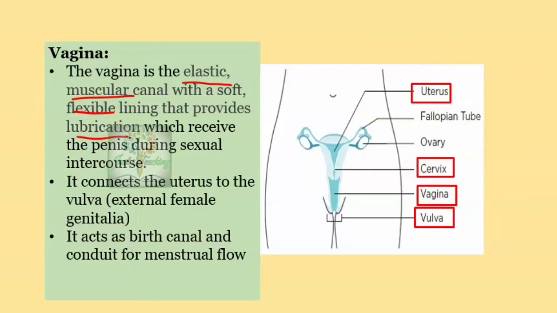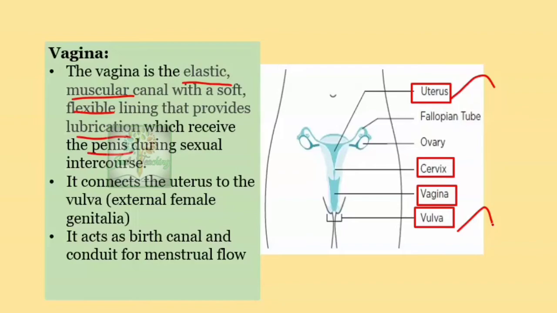This is the part of the female reproductive system which receives the penis during sexual intercourse. This vagina connects the uterus to the vulva. Vulva is nothing but the external female genitalia. So the vagina connects the uterus and the external portion of the female reproductive system.